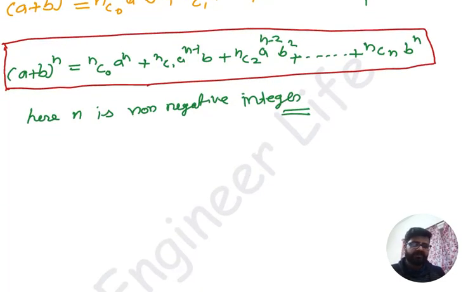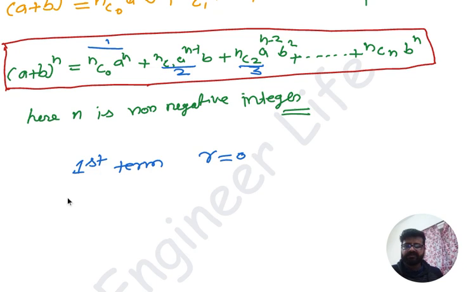Did you notice one thing? This was our first term, this was our second term, and this was our third term. As you can see, in the first term r is 0, in the second r is 1, and in the third r is 2.